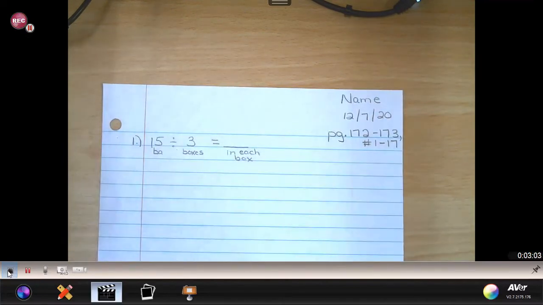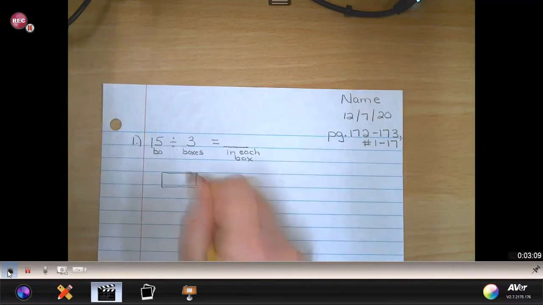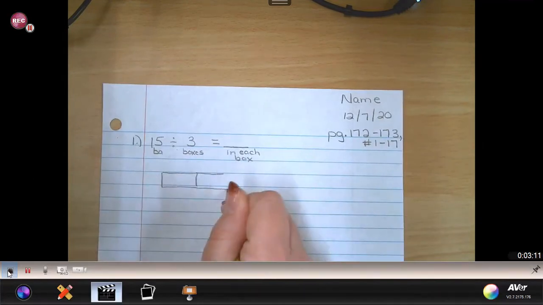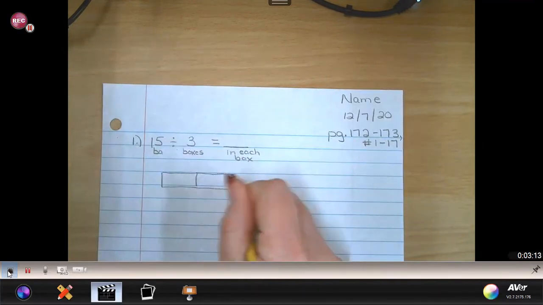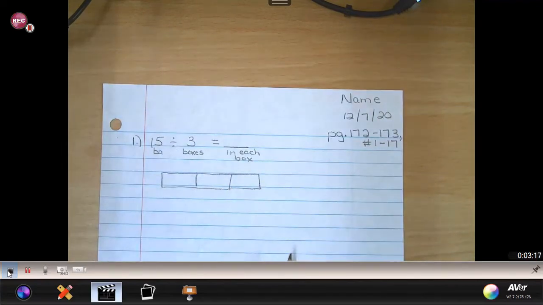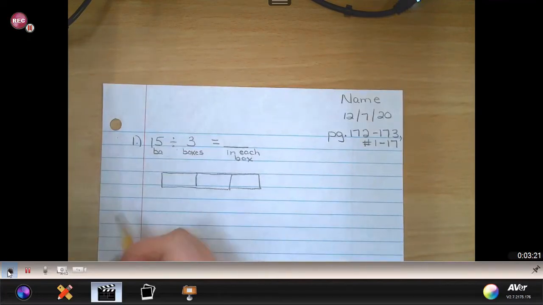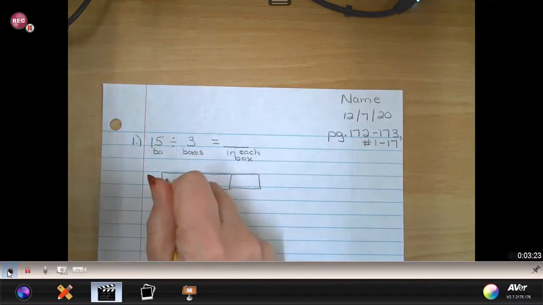So, we know we have 3 groups, and we can start placing bananas into the boxes, and as we go along, we're going to count up to 15 as we go and place a banana, or in this case, I'm going to put a tally mark for each banana. That's going to represent that banana.